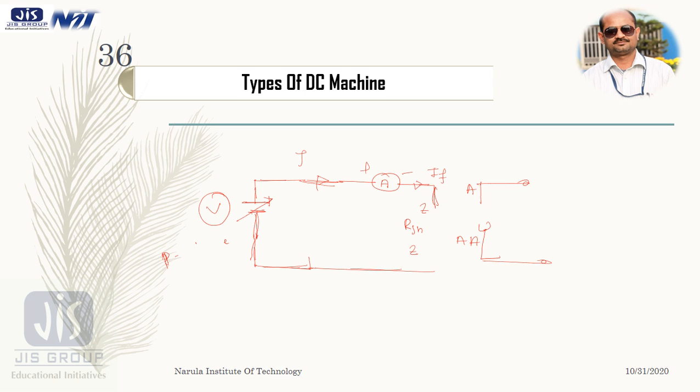Okay, this is my IF, this drop is VF, this is my shunt field, and I will put a variable resistance here. This is Z and ZZ. This is my RF. Okay, so two ways we can obtain this variable voltage and variable resistance. So this is for separately excited DC generator.